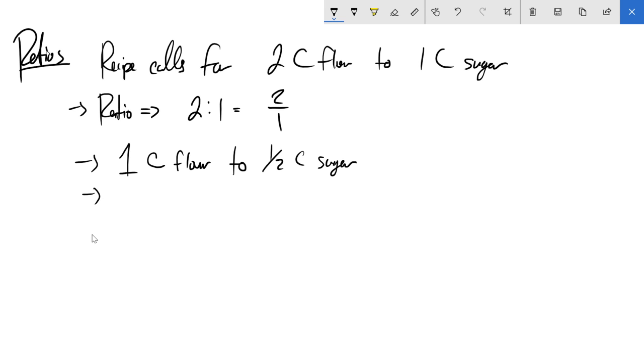Let's say I use 3 tablespoons of sugar. How much flour would I need?